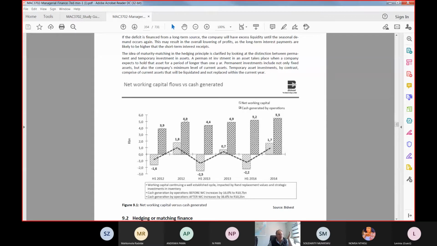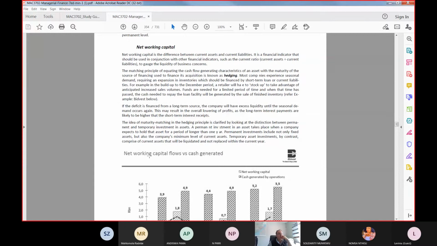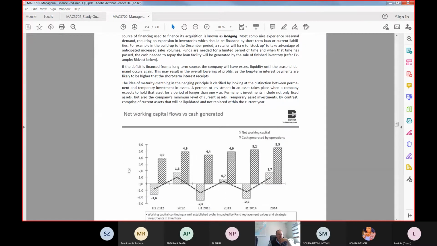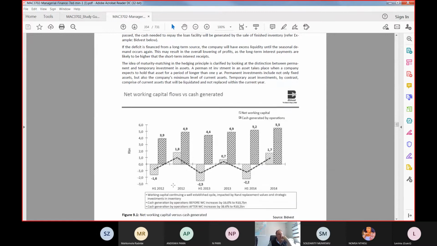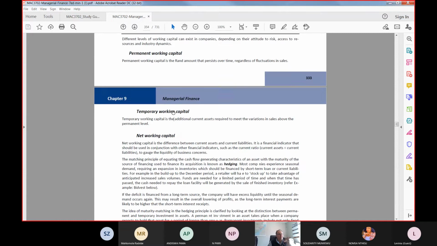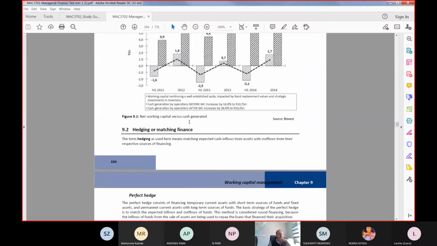Okay, somehow the cash generating in the next period caused it to go down, and so on. So bringing about a movement of that is temporary working capital. What is happening with the working capital? It goes down to negative, goes up to positive, negative, positive, negative, positive. Okay. Once again, you're not going to be examined on the net working capital. It's just those two, permanent working capital and temporary working capital.